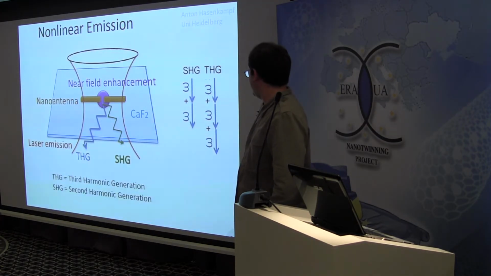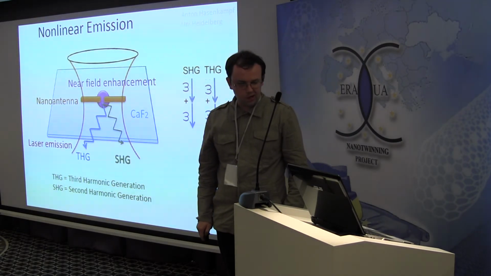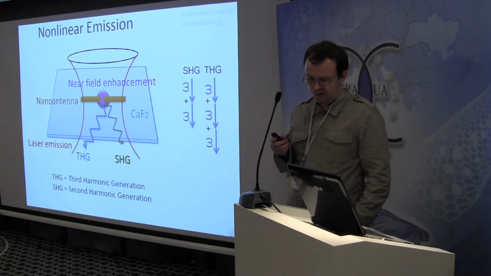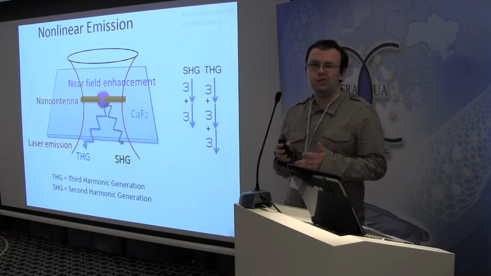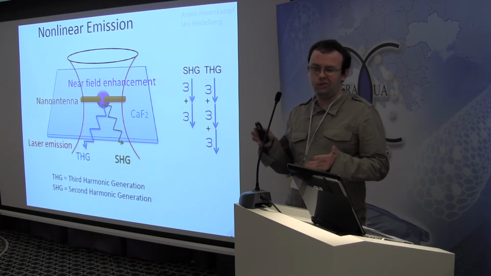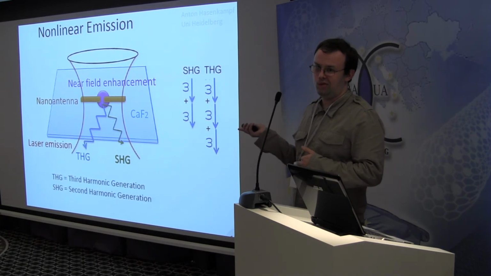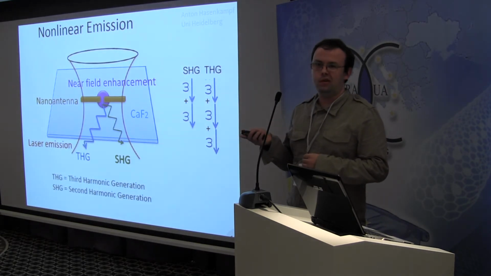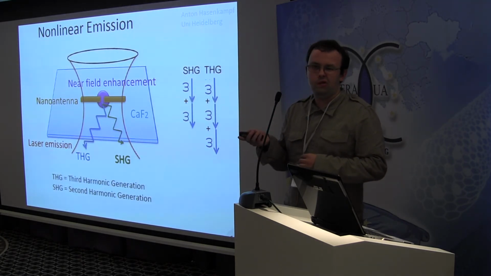For second harmonic generation with antennas, I also measured with femtosecond pulses. We excited nano-antennas and produced near-infrared to visible light, and our efficiency was about 10⁻⁶.